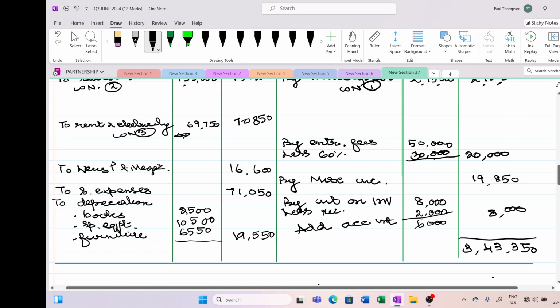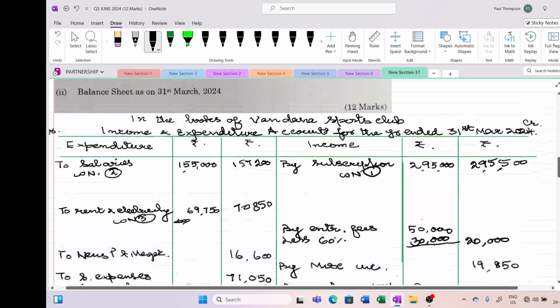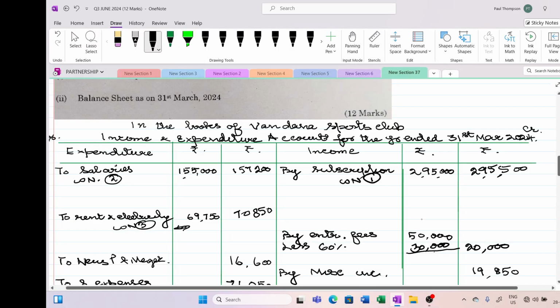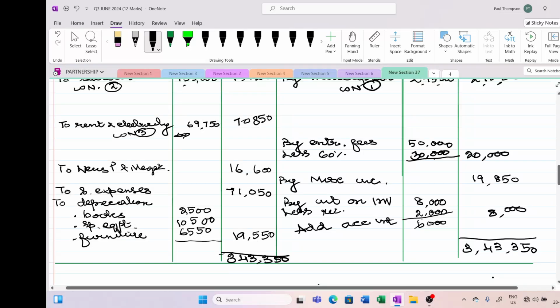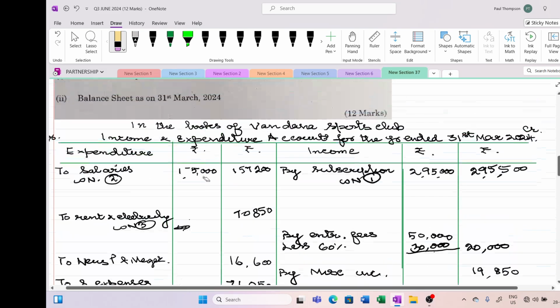So you just copy this total this side. 343,350. So this side salary total 1,57,200, 70,850, 60,600. You can just rub this also. Straight away we can write the working note, or you can make the working here. Okay, so as you wish.